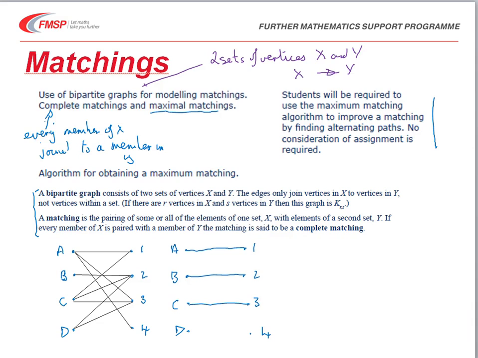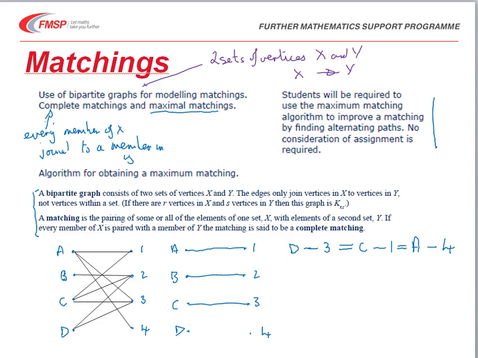So let's try looking at this particular example to see if we can find an alternating path. Well, we can go from D to 3, which is using an unmatched arc, and then from 3 we've got to use the matched one, which is going back to C. From C we could go to 1 using an unmatched arc, and then we must use the matched one back to A, and then from A we go to 4 using our unmatched arc.